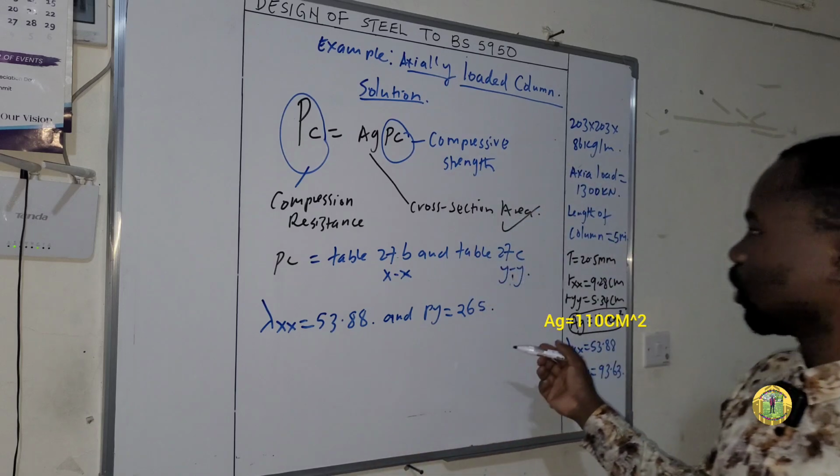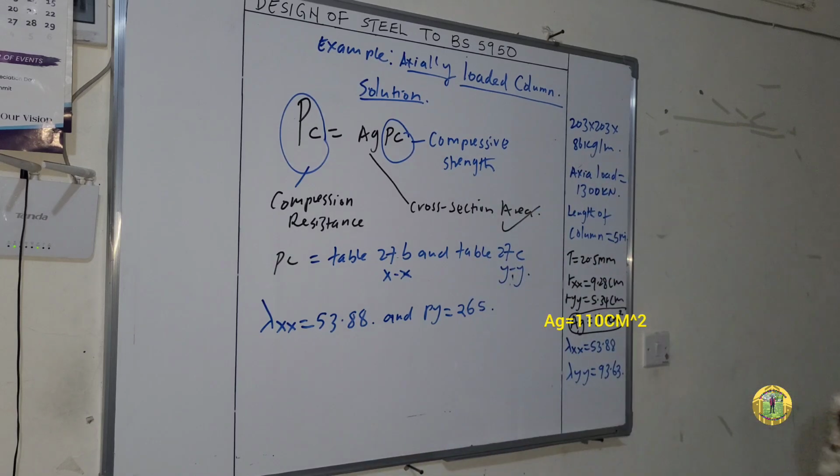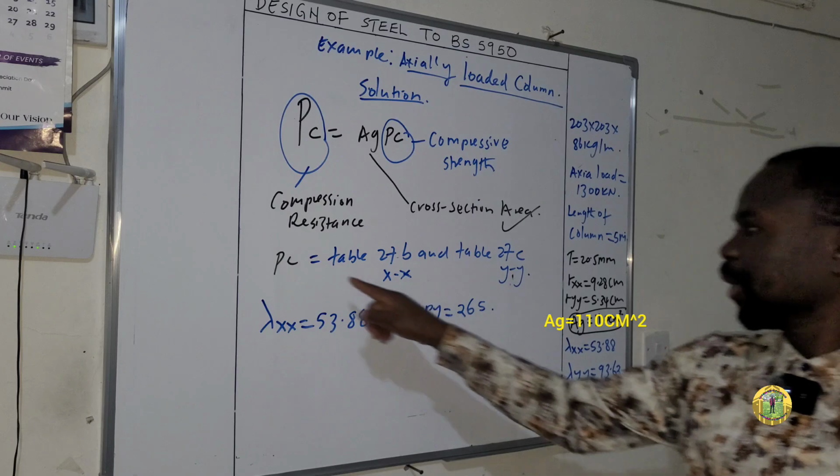Having these two values, we can now proceed to the table and obtain pc.